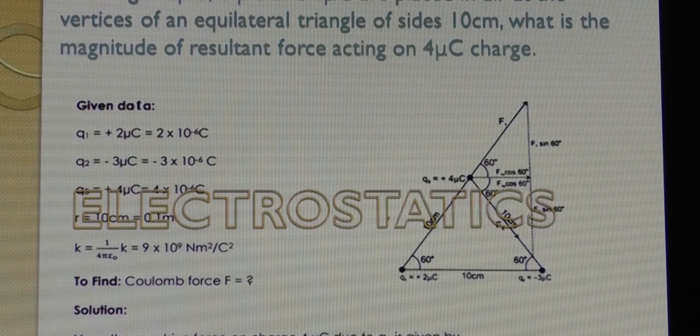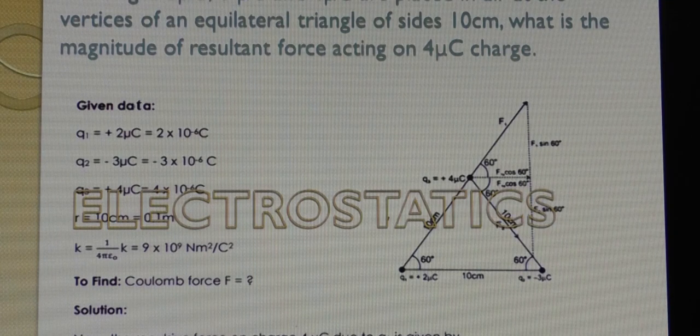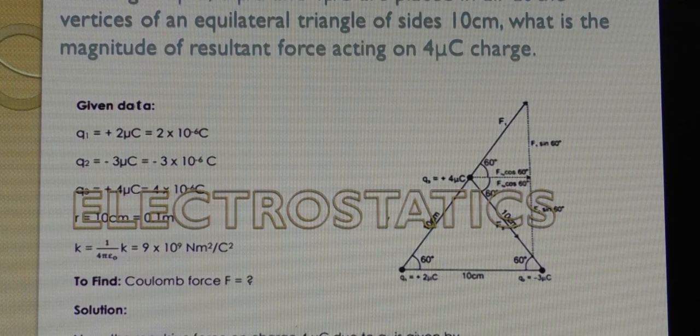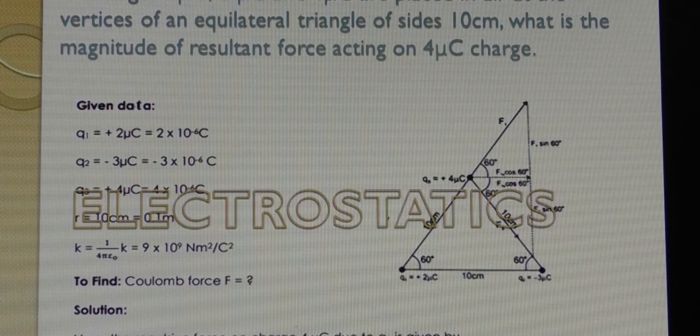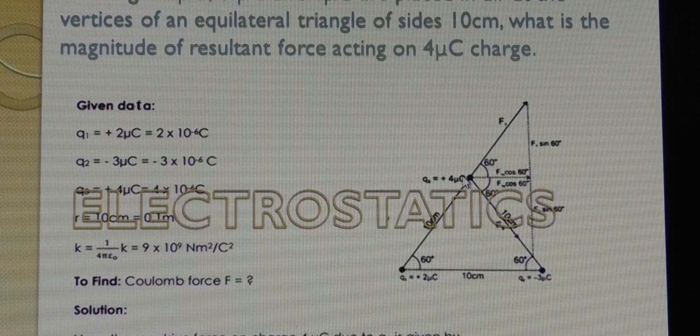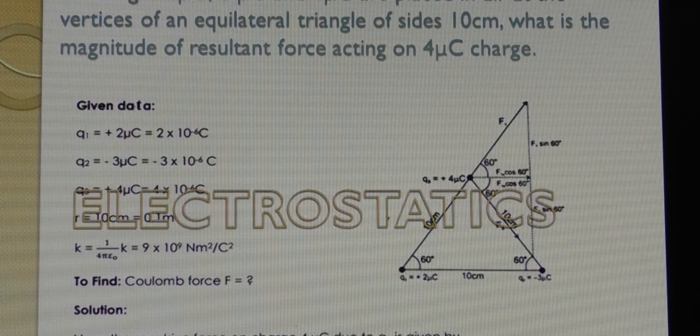So the repulsive force is given by the magnitude 1 over 4 pi epsilon naught Q1 Q3 over R square. So we have to use here the Coulomb's law equation between Q1 and Q3 charge, putting the value of K, then Q1, then Q3 over R square.